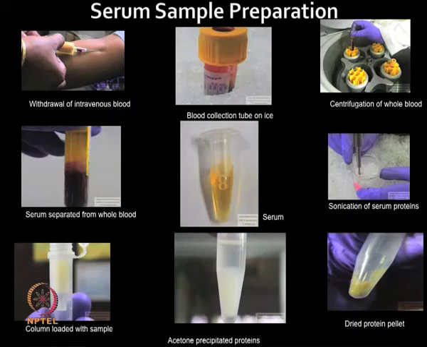Now, for the serum proteome analysis, different types of modifications can be performed, such as sonication, which can be used for disrupting the high abundant proteins, and it also helps in better resolution. Then depletion strategies to remove the abundant proteins, precipitation of these proteins by adding acetone, and then drying out the protein pellet and reconstituting it in a suitable buffer for further proteomic applications.